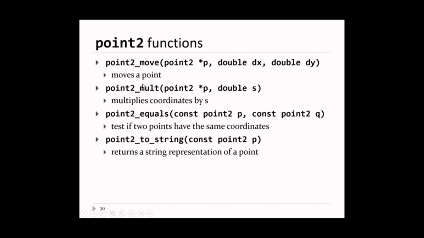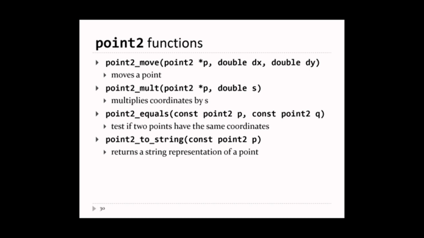So move is going to move a point. When it moves the point, it's going to change the x and y coordinates of the point. So it's going to move it by dx and dy. Now, if I'm going to change the coordinates of a point object, I need a pointer to that object. I can't just pass in a regular point2.